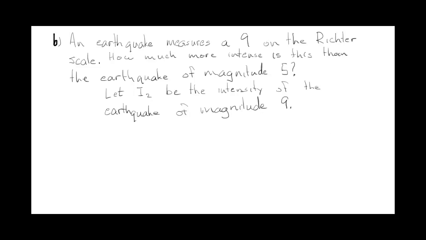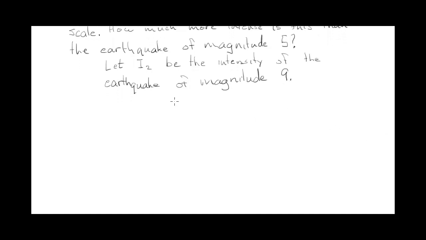Okay, so what we're trying to do is figure out how much more intense. So we want to compare I2 and I1. What the question said is, how much more intense is I2 than I1?